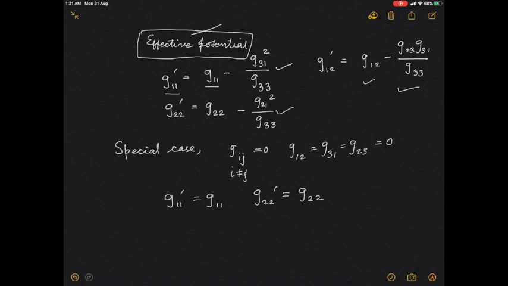And not only that, plus, this is a requirement on top of what we have already discussed, gij for i not equal to j equal to 0.